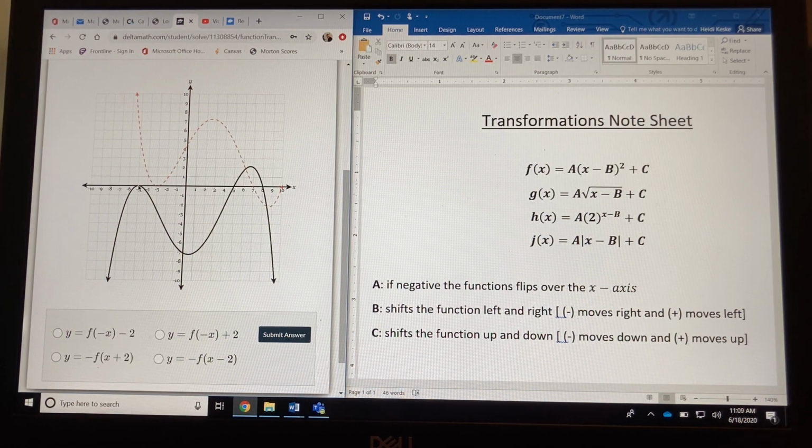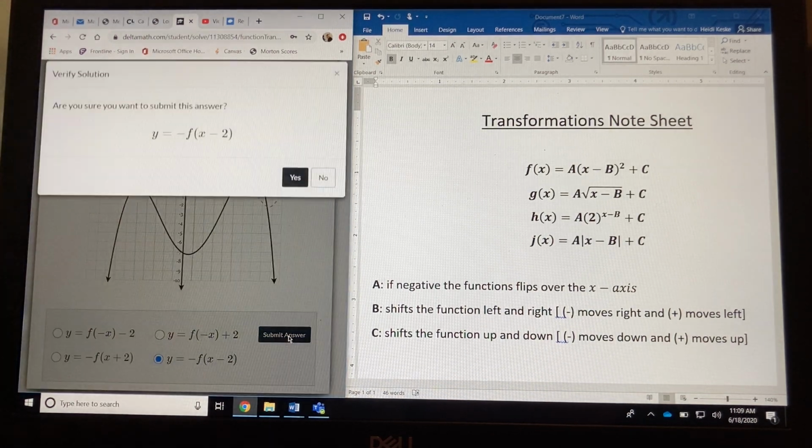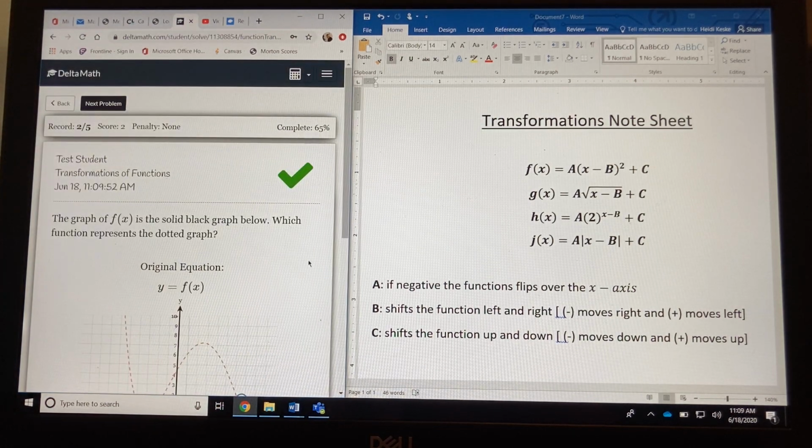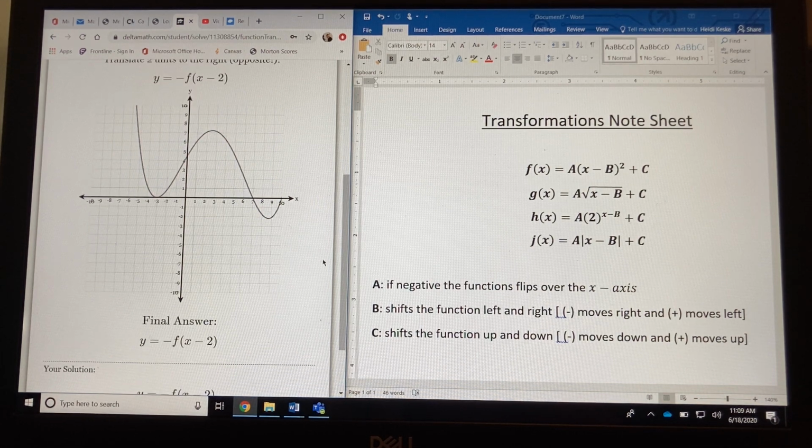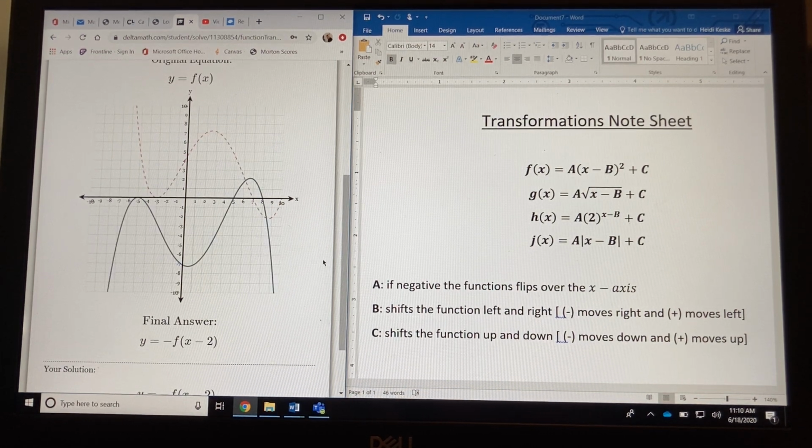So this, to go from black to dotted, move to the right 2. So you want it to have -2 on the inside. And then it's going to show you the animation of it being flipped and moved. So there you have it.